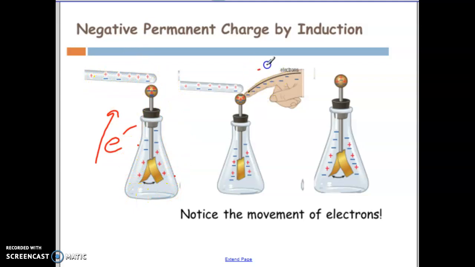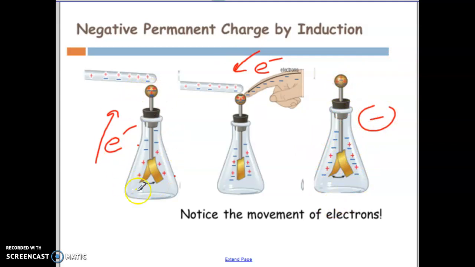But if we add in a ground, the electrons will actually move into the electroscope because this positive rod, remember, is attracting electrons. Opposites attract. So once we remove the rod and the ground, we end up having a negative charge here because electrons have come in.